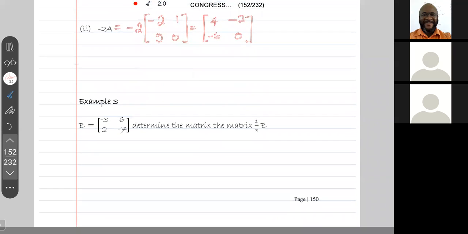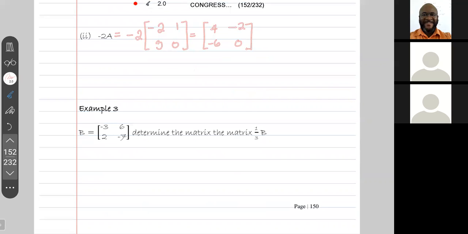In example 3, we're told that B is the matrix minus 3, 6, 2, minus 7, and we're to determine the matrix 1/3 B. So 1/3 B would be 1/3 of minus 3, 6, 2, minus 7. So we're going to multiply every element in the matrix by 1/3.